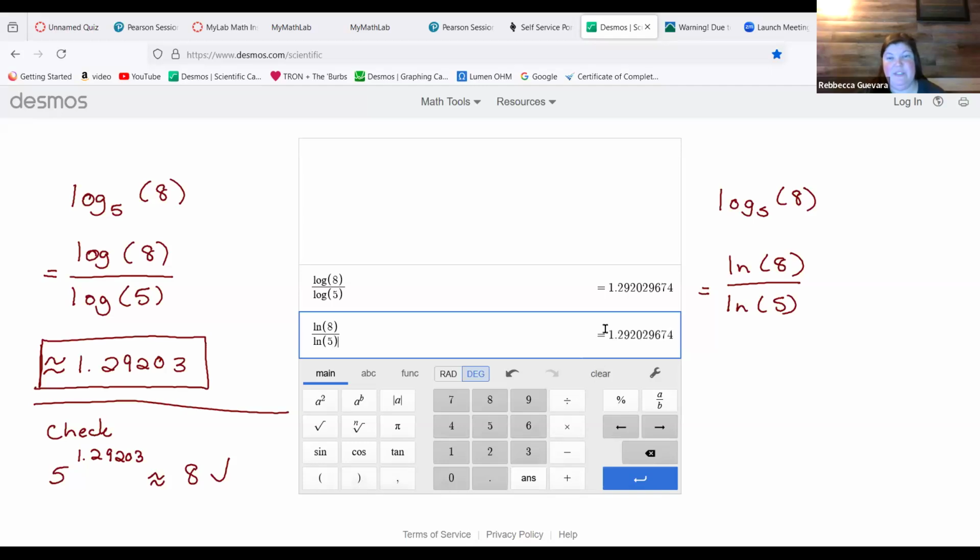If I do that, we see that we're getting the exact same answer back. That's why I'm saying it doesn't really matter which one of these you use. You can use the common logs, or you can use the natural logs. If you were planning on doing a lot of other courses that are math heavy, especially science courses and some business courses, a lot of times we actually just stick to natural logs all the time.